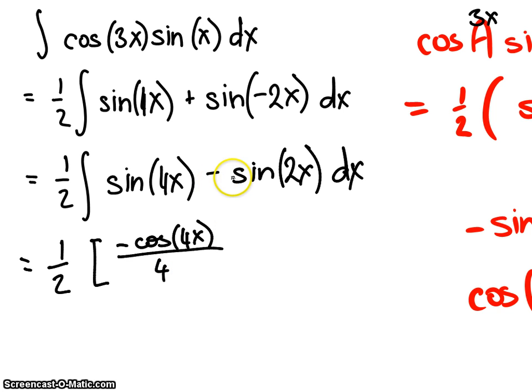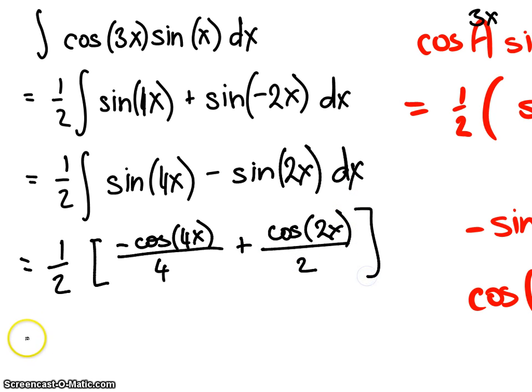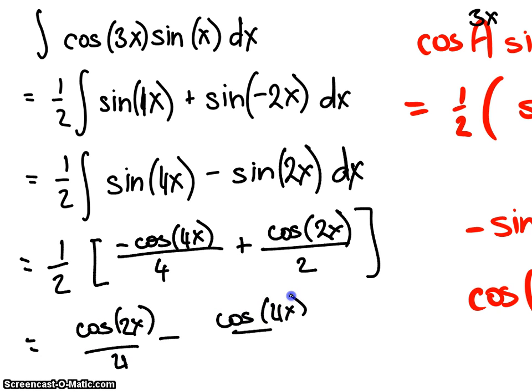And then minus a negative cosine is going to be plus the cosine of 2x divided by 2. Or I can write cosine of 2x over 4 minus cosine of 4x over 8. And of course, plus our constant of integration.